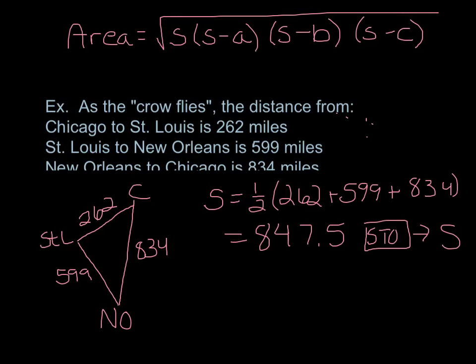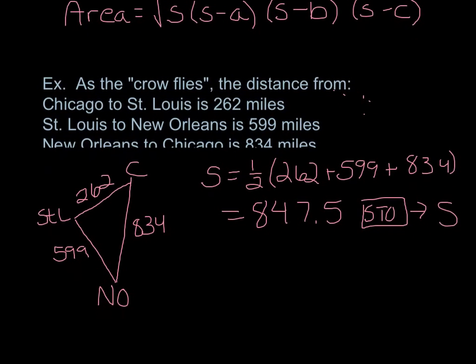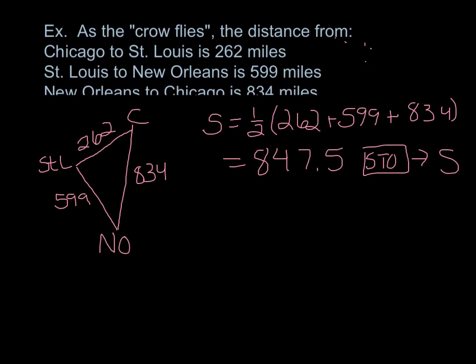So when I write my work for the area of this triangle, I'm just going to write an S, so it's not as cumbersome looking, and that will mean my stored S in my calculator. So S is equal to 847.5 miles.